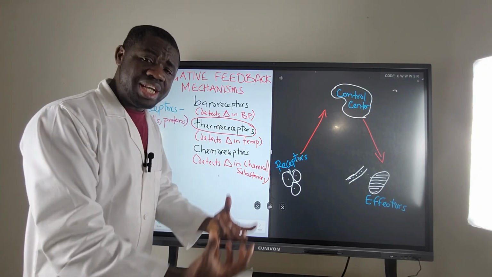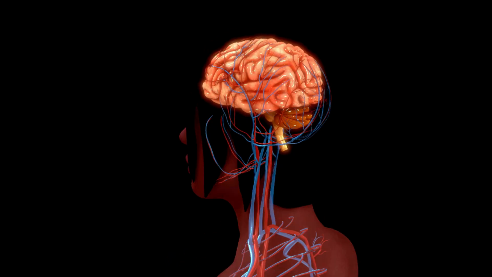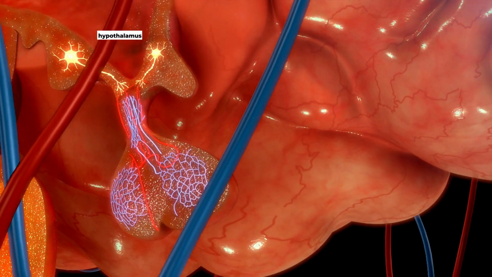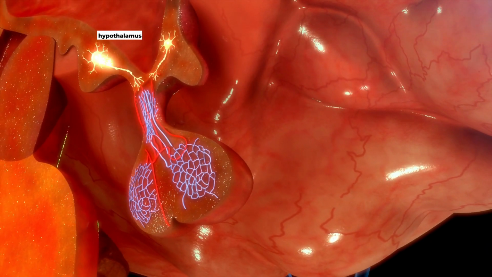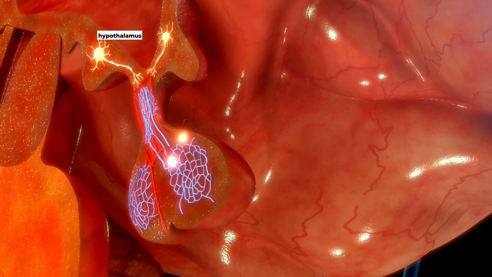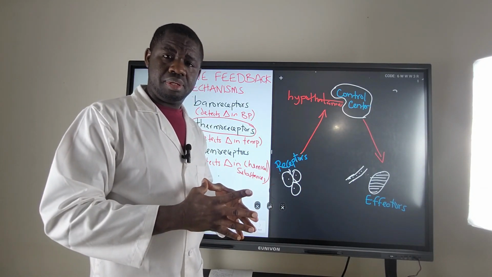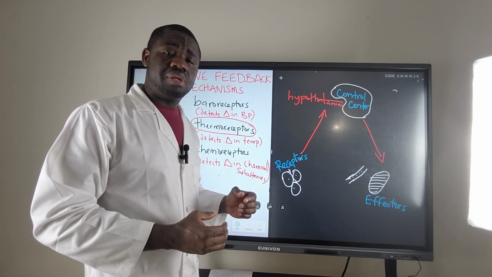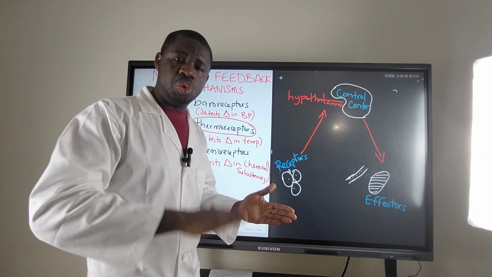So when the information gets to the control center, which is the hypothalamus in the brain, the hypothalamus initiates decisive action and says, okay, we need to ensure that the body temperature is brought to normal.